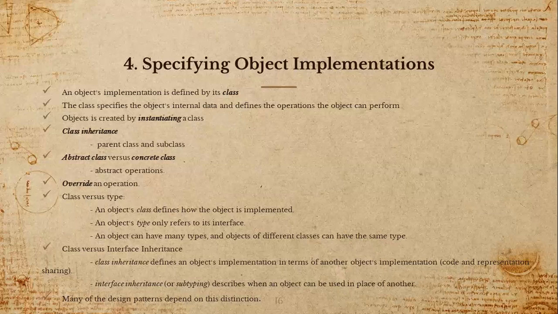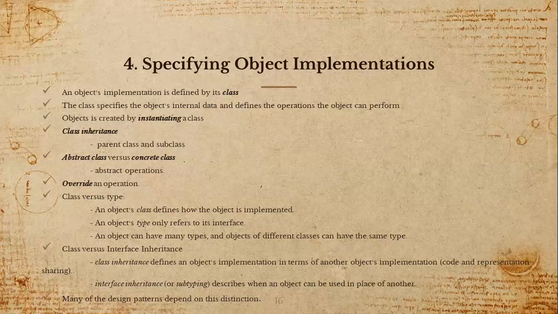The operations that an abstract class declares but does not implement are called abstract operations. Classes that are not abstract are called concrete classes. Subclasses can refine and redefine the behavior of their parent classes. More specifically, a class may override an operation defined by its parent class.